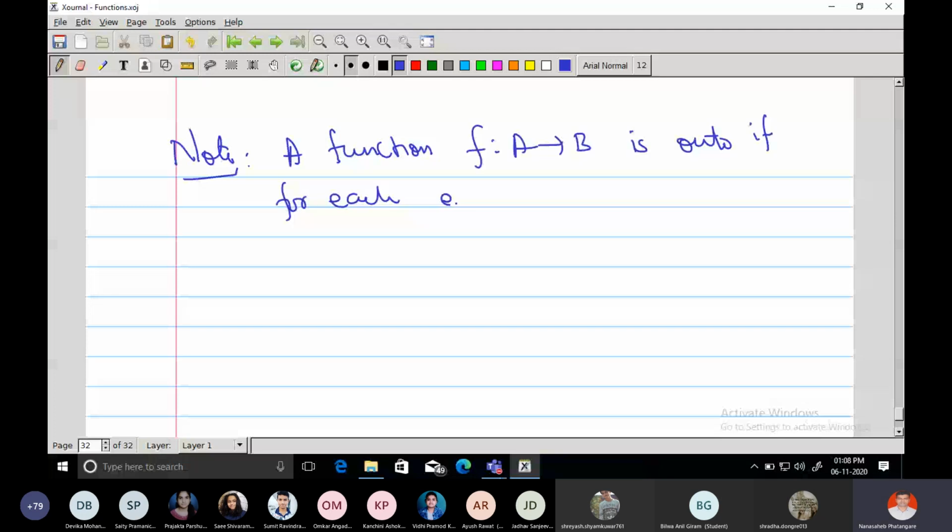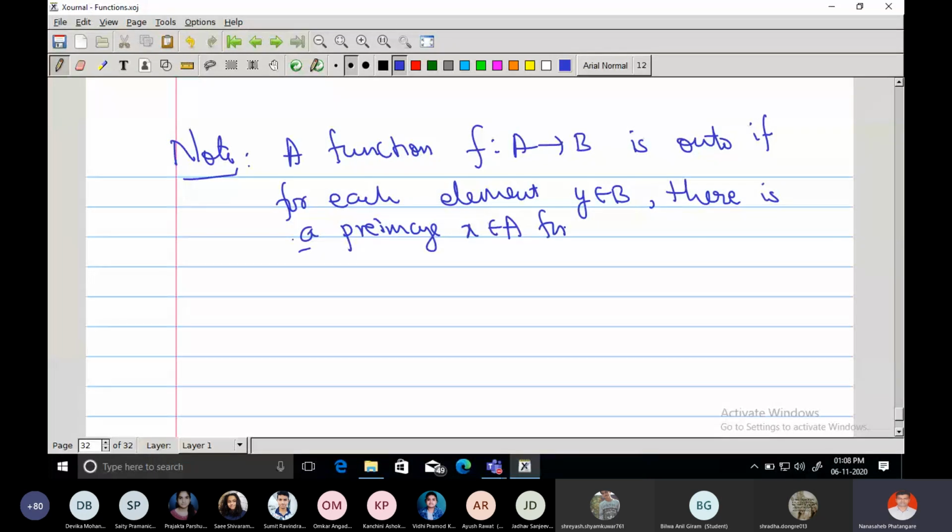Thus a function f from A to B is onto if for each element y in B there is a pre-image x in A for y.